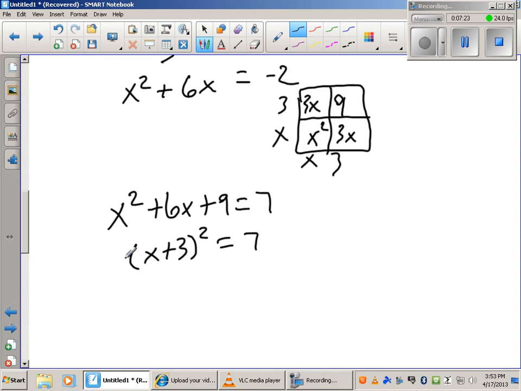So square root the left side to undo the exponent, square root the right side. So we have x plus 3 equals, the square root of 7 is going to be plus or minus 2.66. Okay, now we just branch it off.